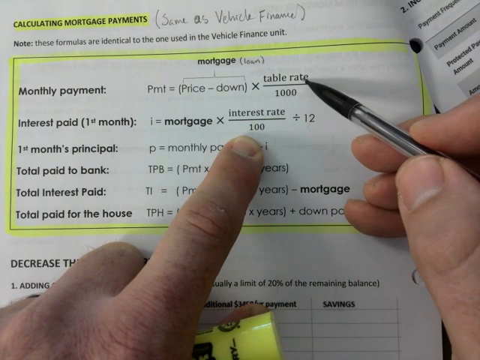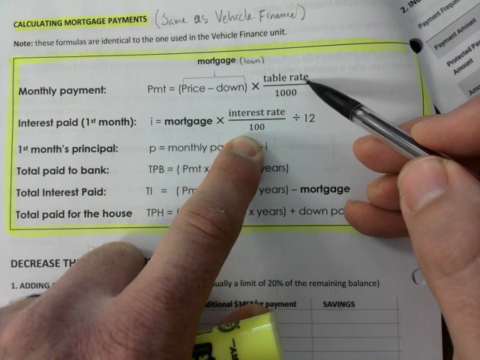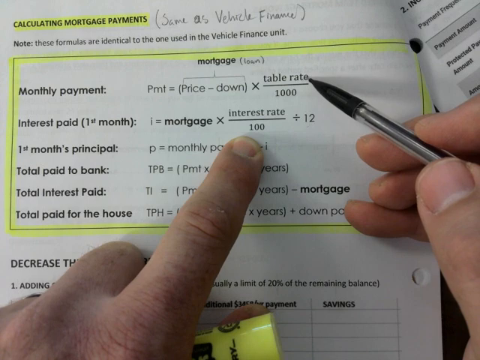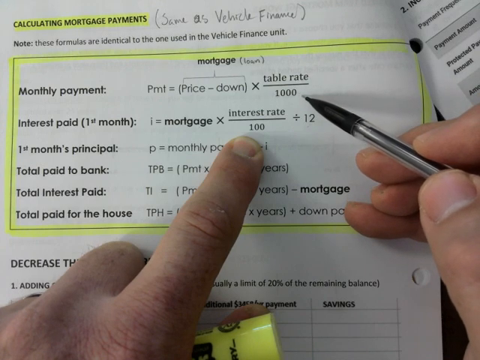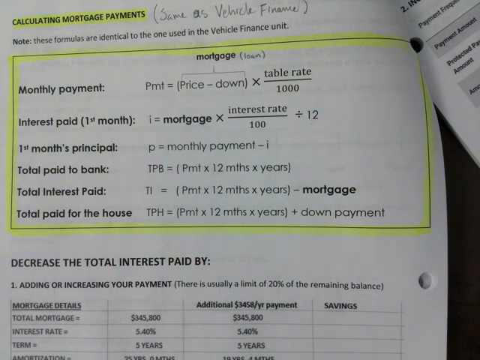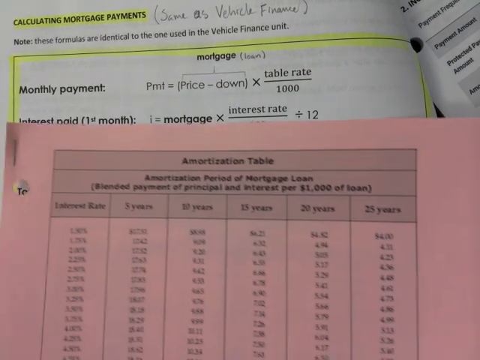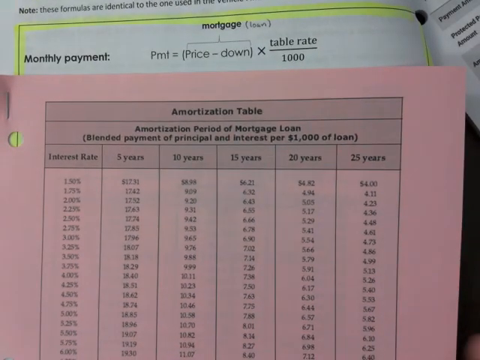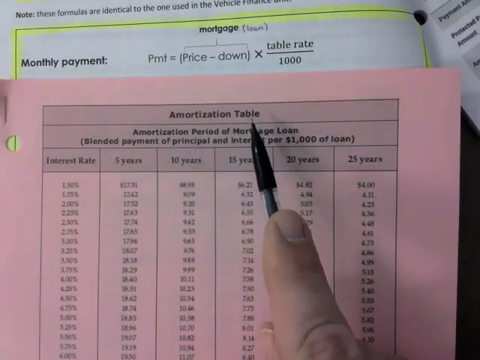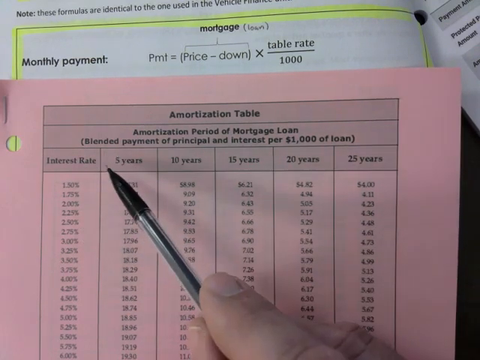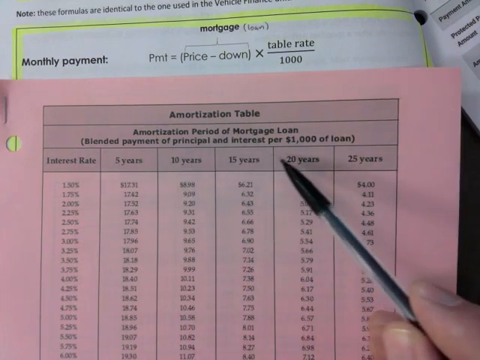Where is that table rate going to come from? Obviously a table, and it's going to be in the pink tables that you should have, right? You divide that by 1,000 because, let's look at it real quick. Take your pink table and put it right underneath there. So this is your amortization table. You have the interest rates here, and your years up here.